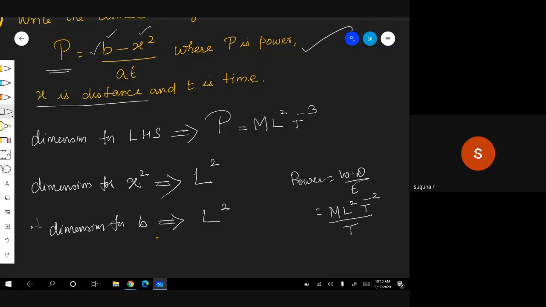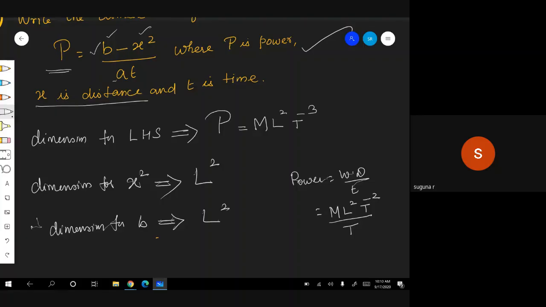Got it? Yes, ma'am. That is very easy. I am subtracting X squared from B, which means B should have the same dimension as X squared. Therefore B's dimension is fine.